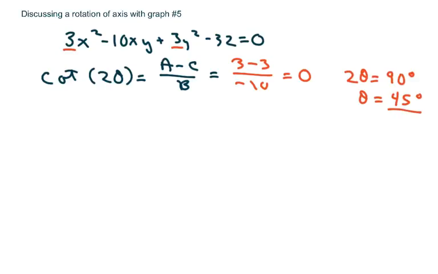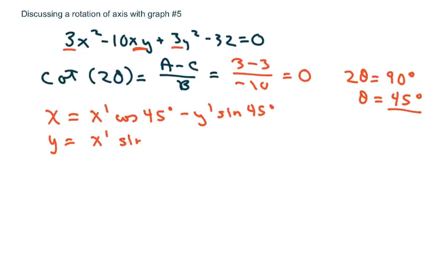So for our rotation axis, let me write the formulas down. And our goal is to get rid of this xy here. The x prime sine of 45 minus or plus y prime cosine of 45 degrees.